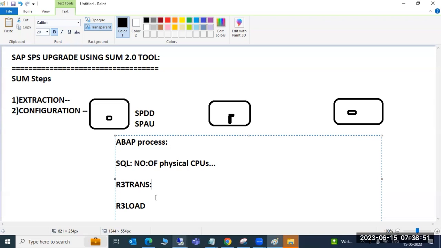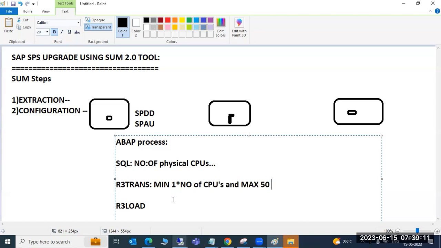So 1 into the number of CPUs, and the maximum we can give is 50 processes for R3 trans, right?